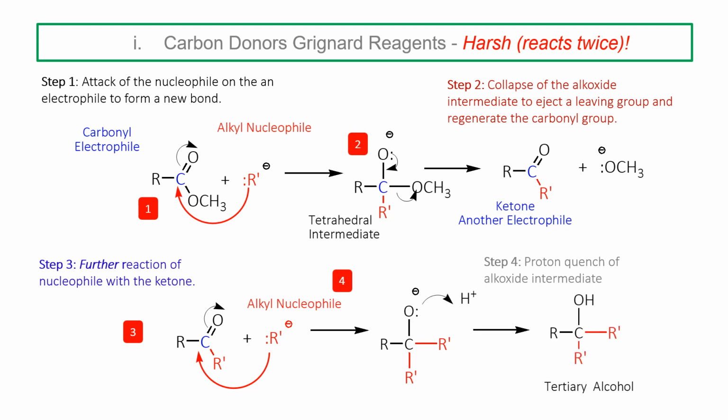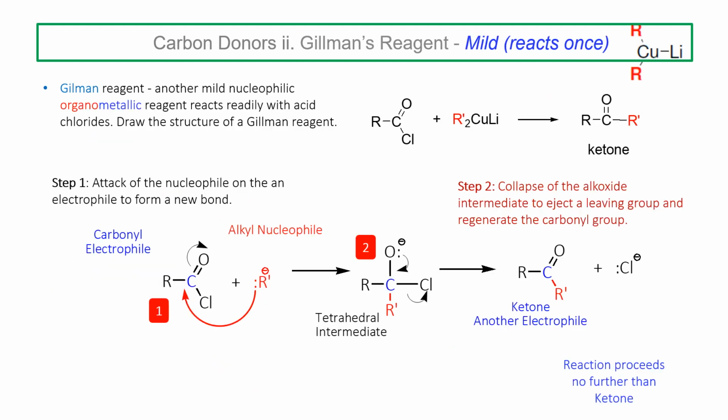In fact, you will know that this is a product of the synthesis of a Grignard with an ester because of the fact that the 2 R groups are the same. In contrast, we simply see that the Gilman reagent will generate the ketone because the reaction only occurs once.